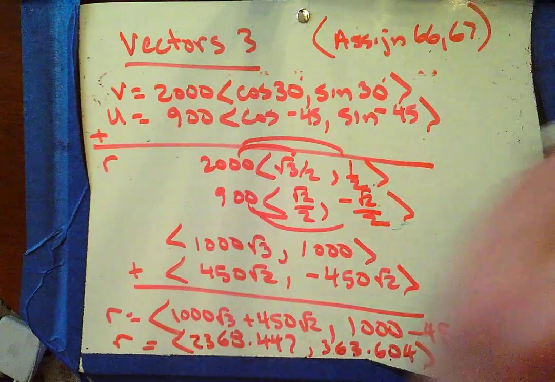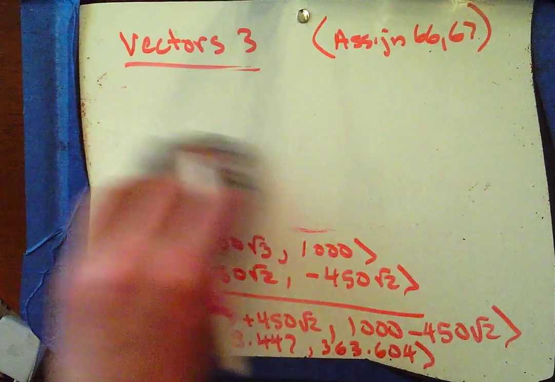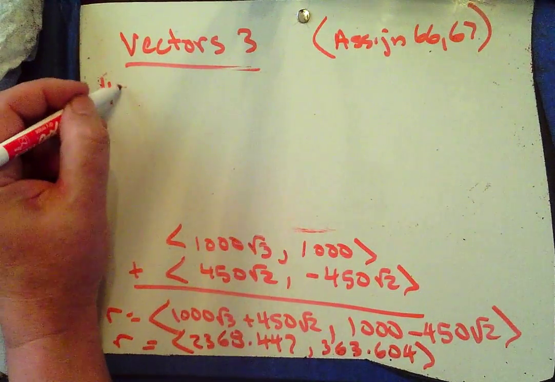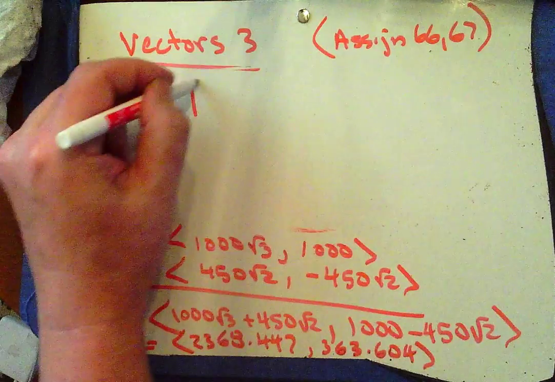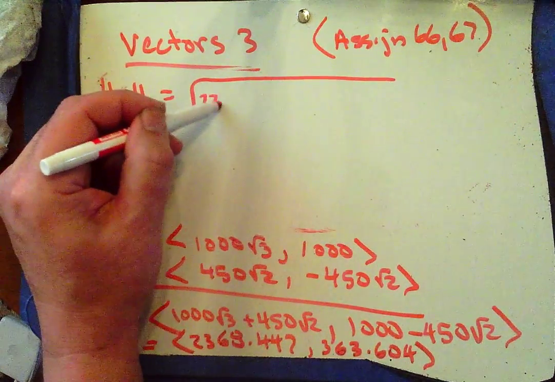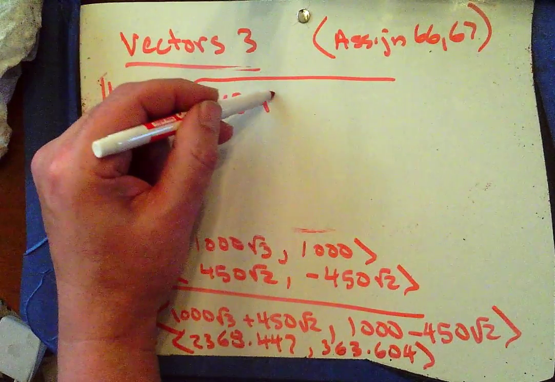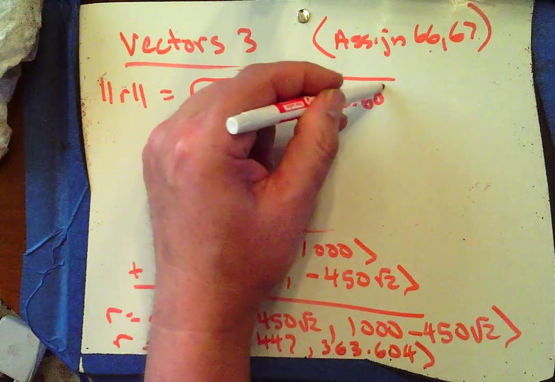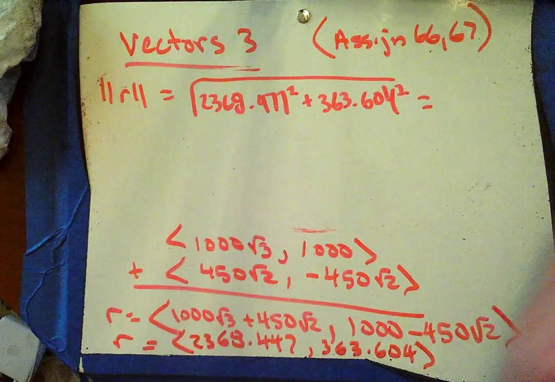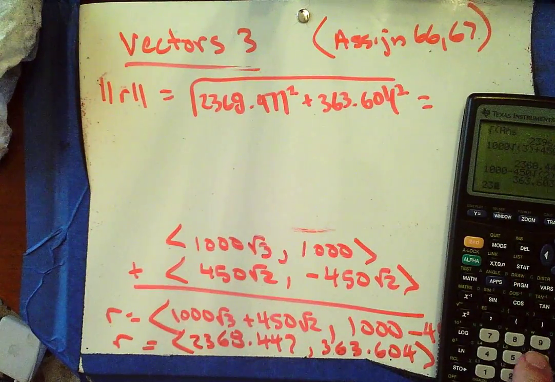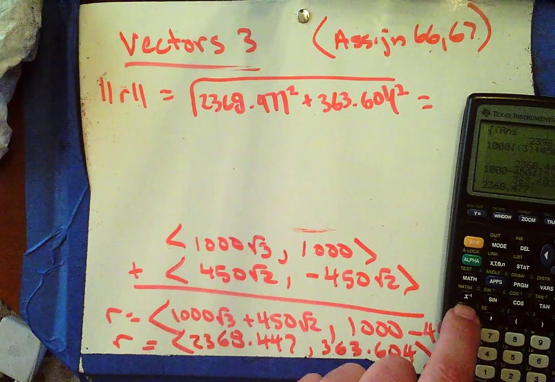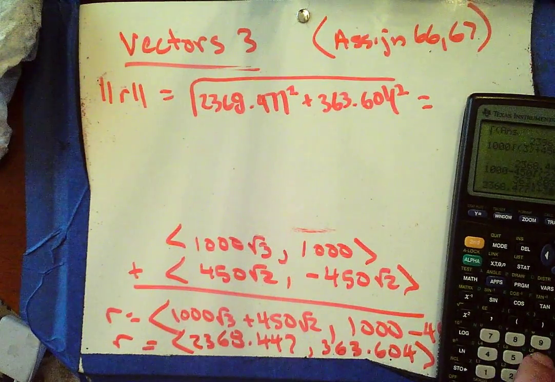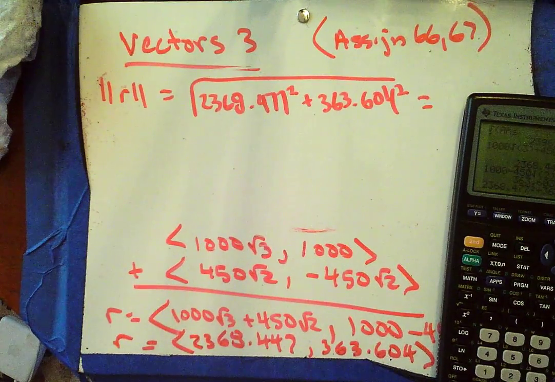If I want the magnitude of R, I'm going to have to put that stuff in the Pythagorean theorem and take the square root. 2368.477 squared plus 363.604 squared.